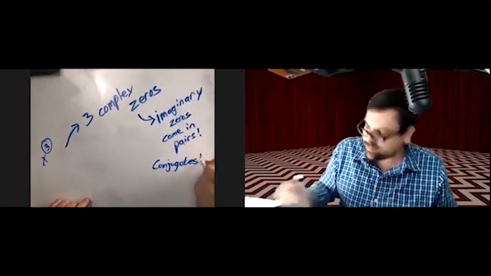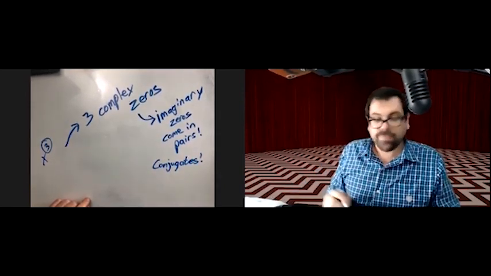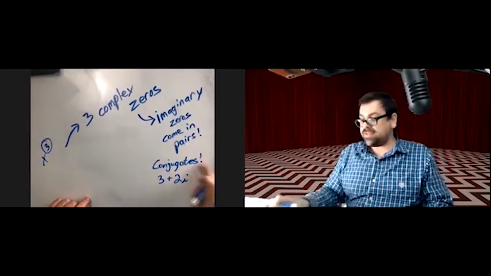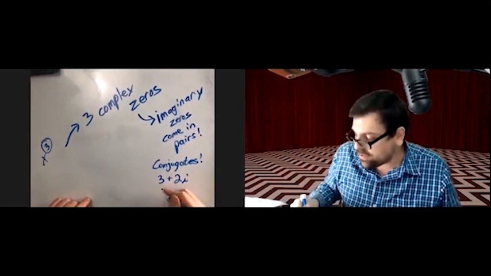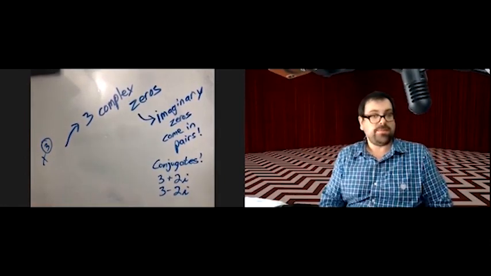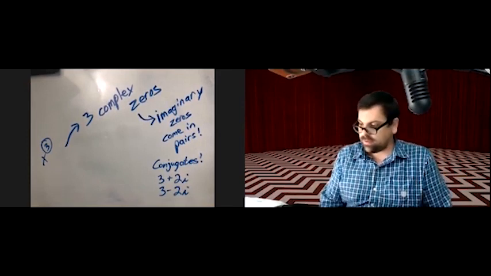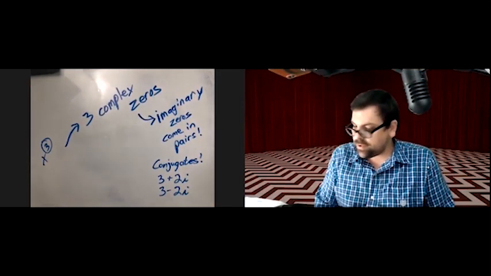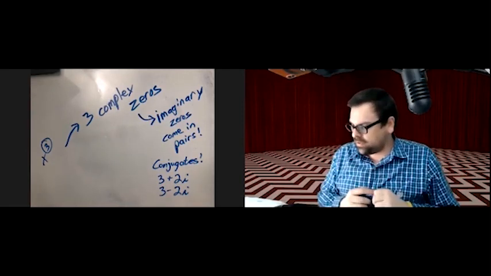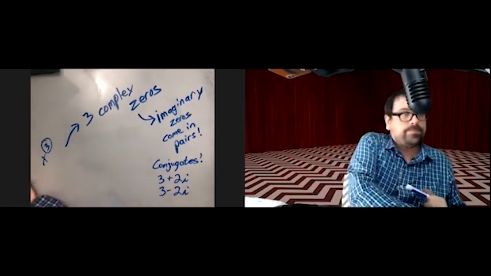Conjugates. In other words, if we had 3 plus 2i as a zero, that also guarantees a 3 minus 2i. So we're going to use this idea of the number of complex zeros later on as well.